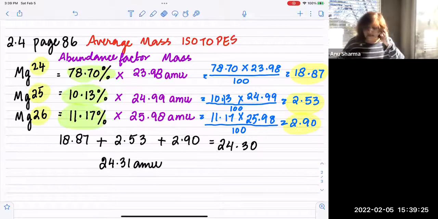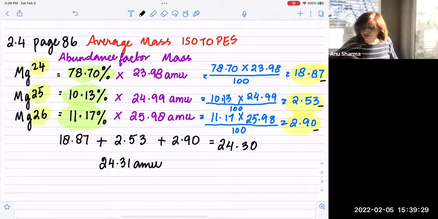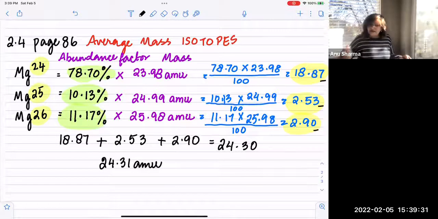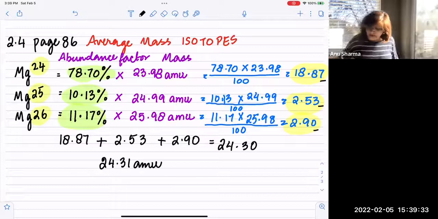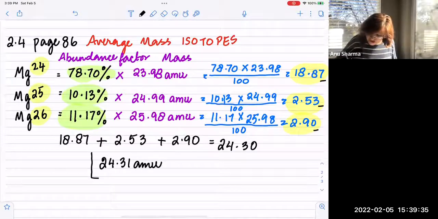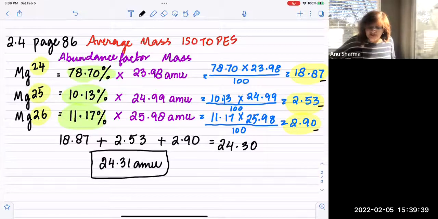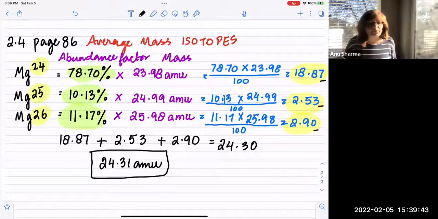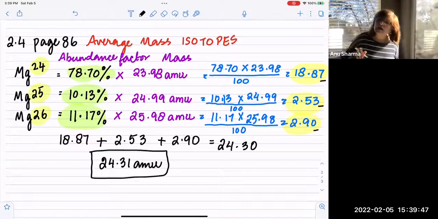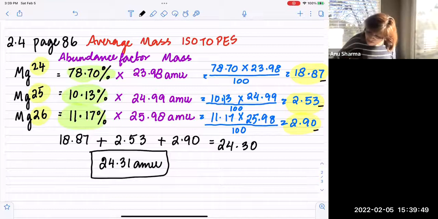Obviously there were more digits here and here and here, which I did not bring in because of the space. But anyway, this is the number that you will see on the periodic table. So this is the average mass of the isotopes. The mass number written for the atoms on the periodic table is in decimals.